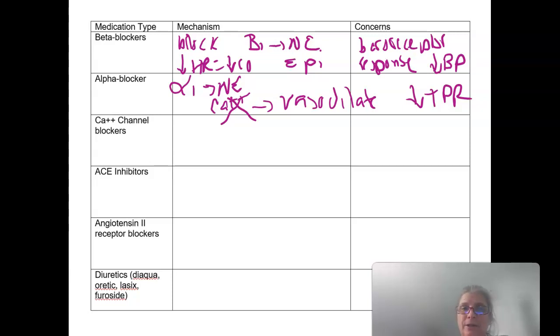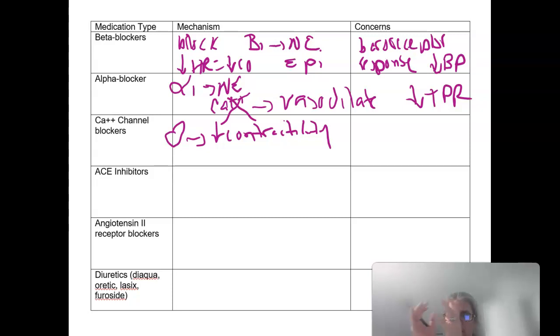Calcium channel blockers. Now, these are drugs that block the calcium channel. So these are going to affect your heart. One, right? They're going to decrease contractility. We learned about this previously. We called it a negative inotropic effect. So the heart won't contract as hard. So the idea is it might relax a little more and take the pressure off your heart.